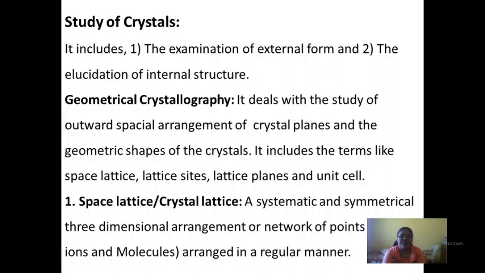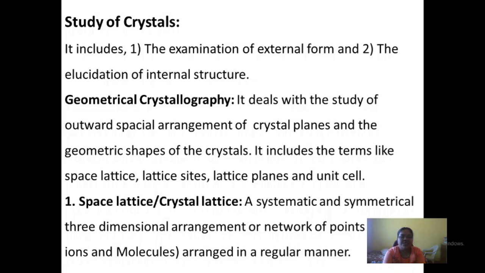Geometrical crystallography deals with the study of outward spatial arrangement of crystal planes and the geometric shapes of the crystals. It includes the terms like space lattice, lattice sites, lattice planes and unit cell. We'll see these one by one.